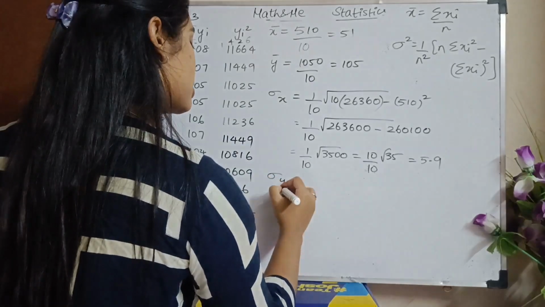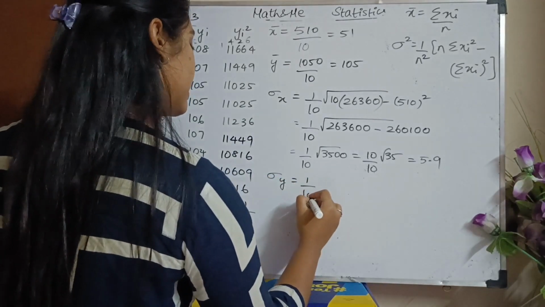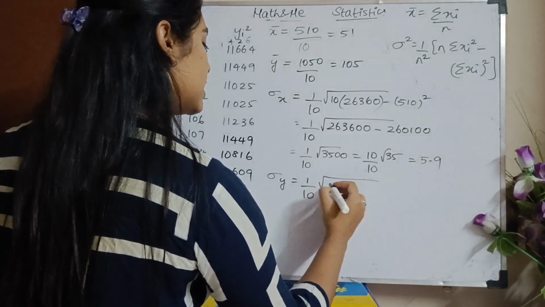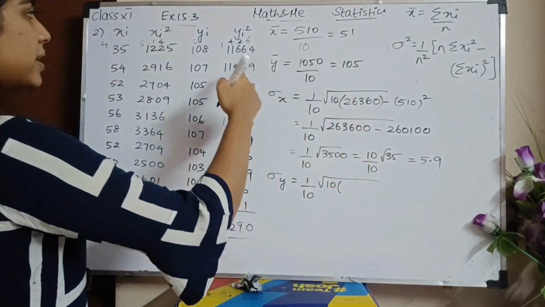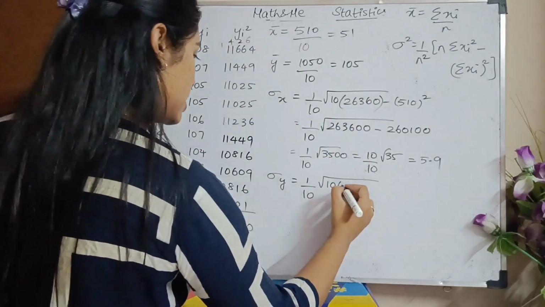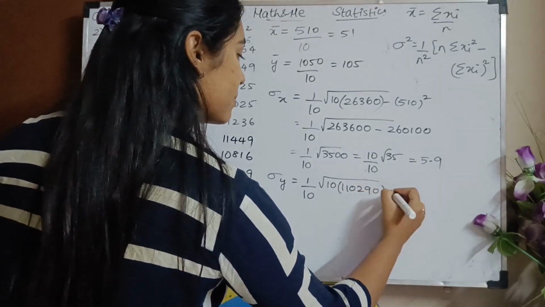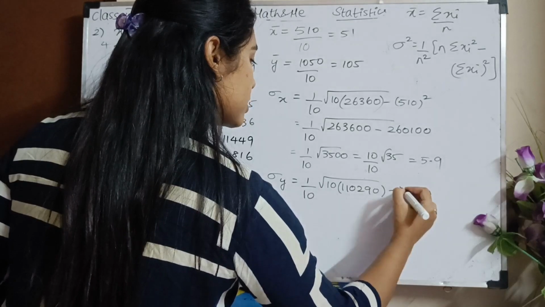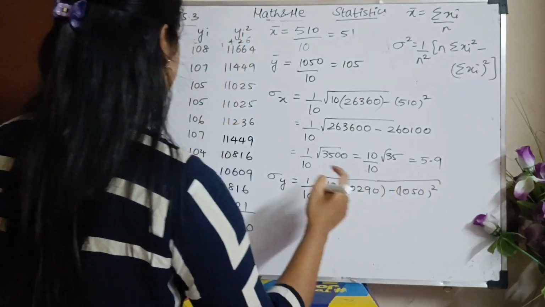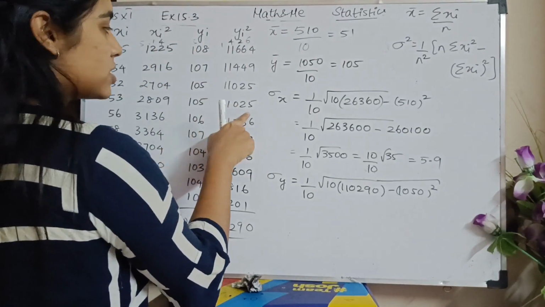Now standard deviation of y, which will be 1 divided by 10. The n value is the same, times 10 divided by sigma xi square, here yi square. So this will be 110290 minus 1050 the whole square. 105 whole square, what is it? It is 11025.